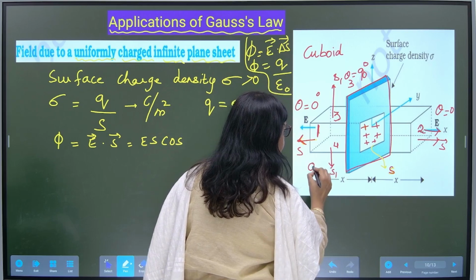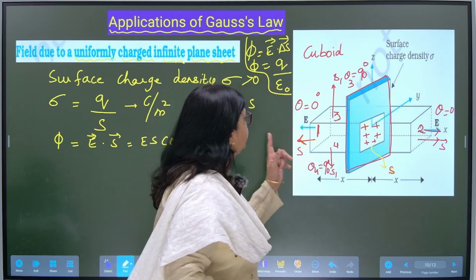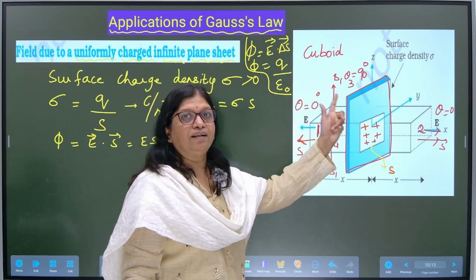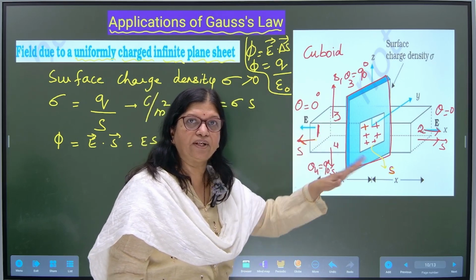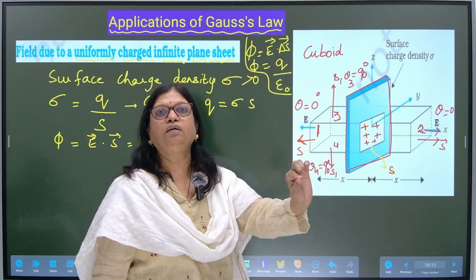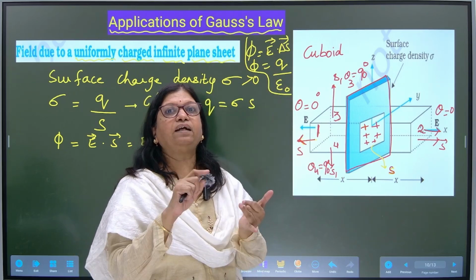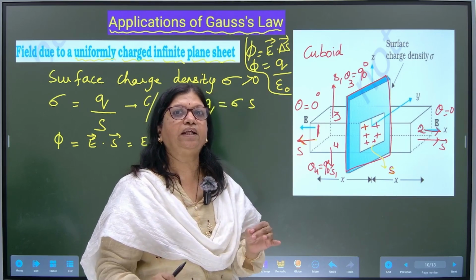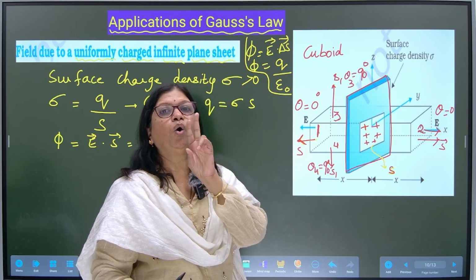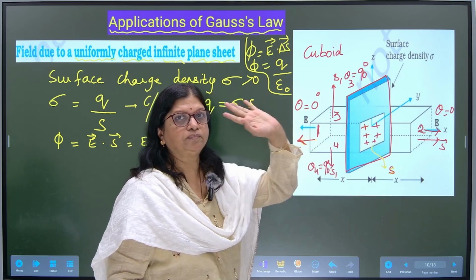Similarly here theta 4 is equal to 90. Cos 90 is 0, so we can avoid considering surfaces 3, 4, 5, 6, because all the angles between the electric field and the area element will be 90 degrees. So we will be left with only two surfaces, surface 1 and surface 2.